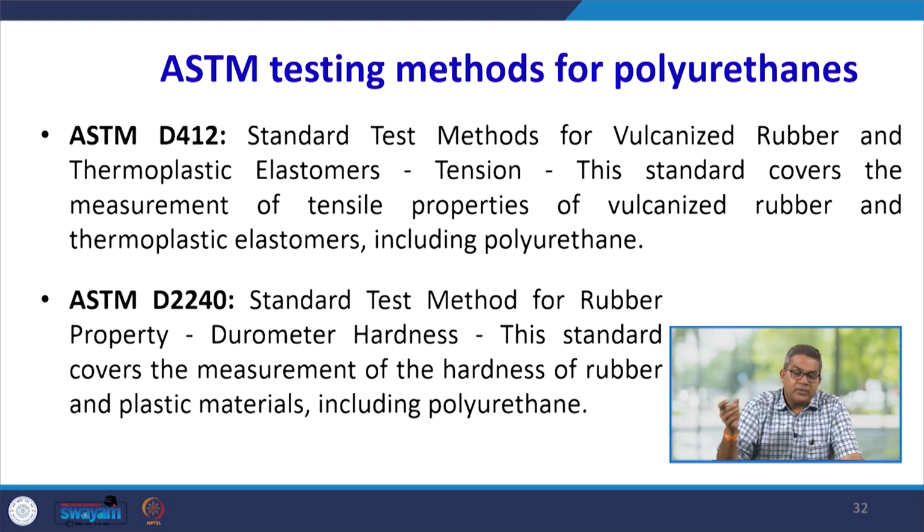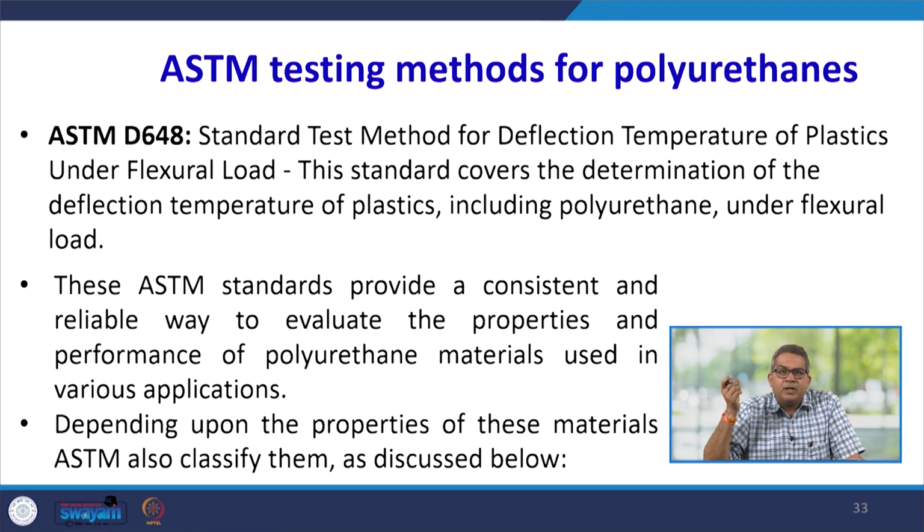Then ASTM D2240, a standard test method for rubber properties, durometer hardness. This standard covers the measurement of the hardness of rubber and plastic materials. This includes polyurethane. Again, one of the most popular test methods is ASTM D648.